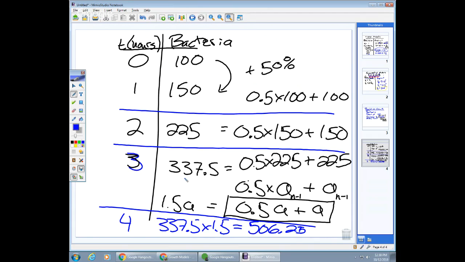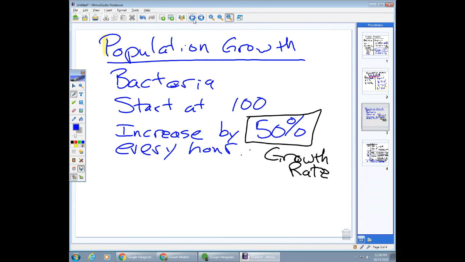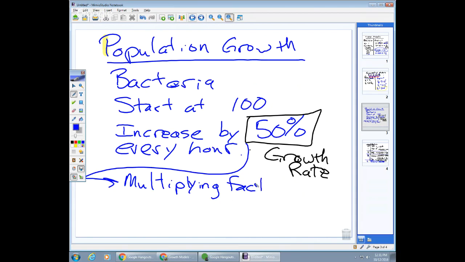Now, every time you have a growth, there's nothing special about 50%. If this was a 30% increase, guess what this multiplier would be instead? 1.3. Yeah. So the bottom line is, anytime you're given a growth rate, you can turn that growth rate into what's called a multiplying factor, by just adding 1 to it.